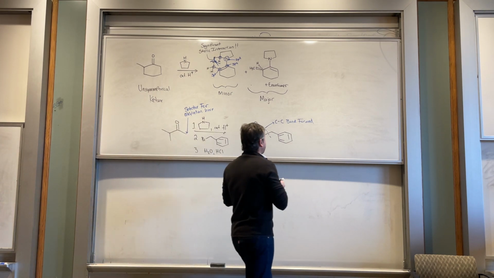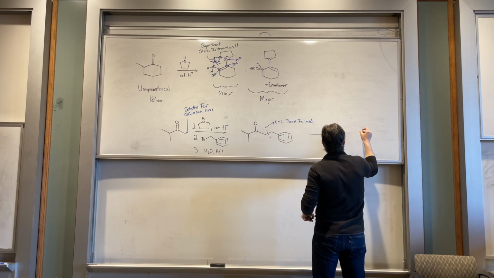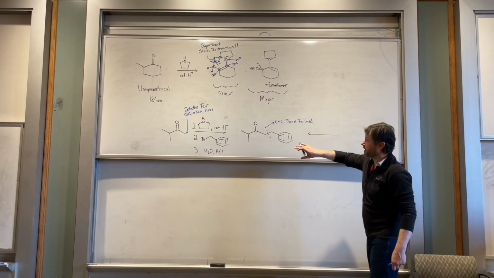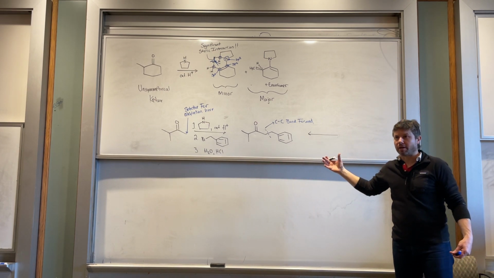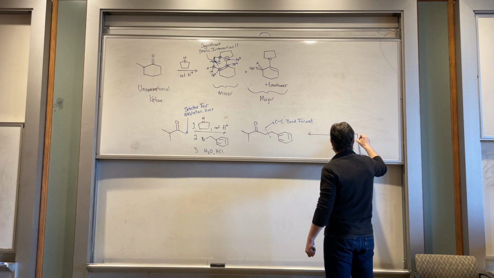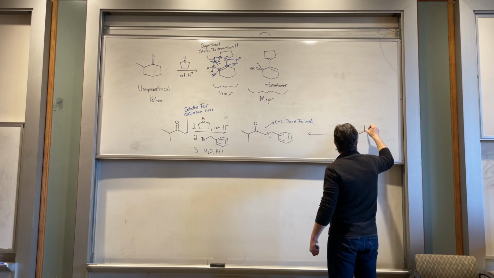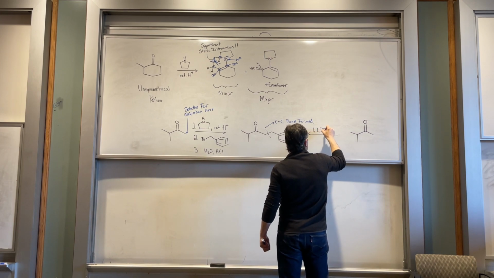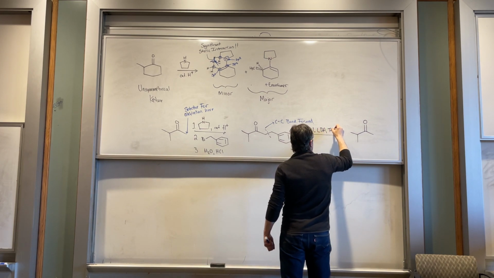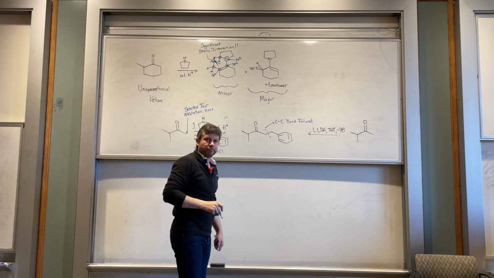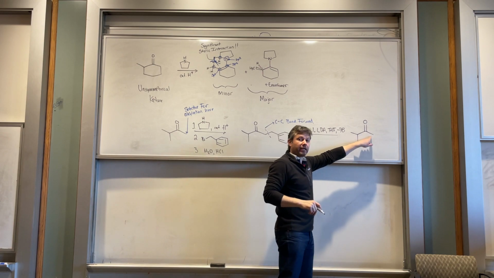We could also make this same product, and this speaks to the third and probably most straightforward way of alkylating. Take that same ketone and treat with LDA, THF, minus 78, which gives us the kinetic enolate.